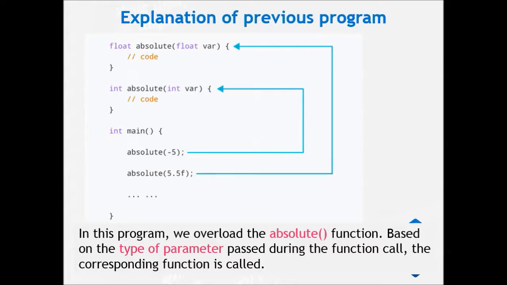And when we call absolute(5.5) with a float type parameter, the compiler checks the argument type and then it calls the function float absolute(float var). So in this program we overload the absolute function based on the type of parameter passed during the function call. The corresponding function is called.